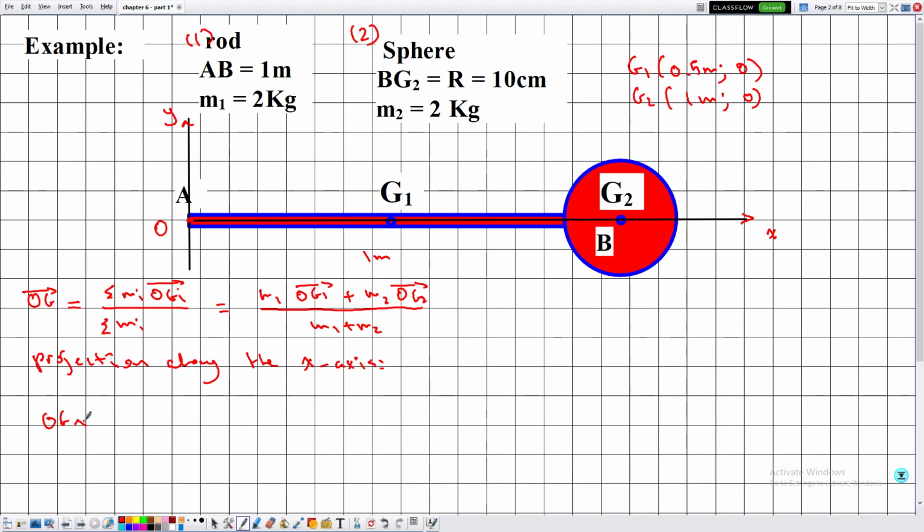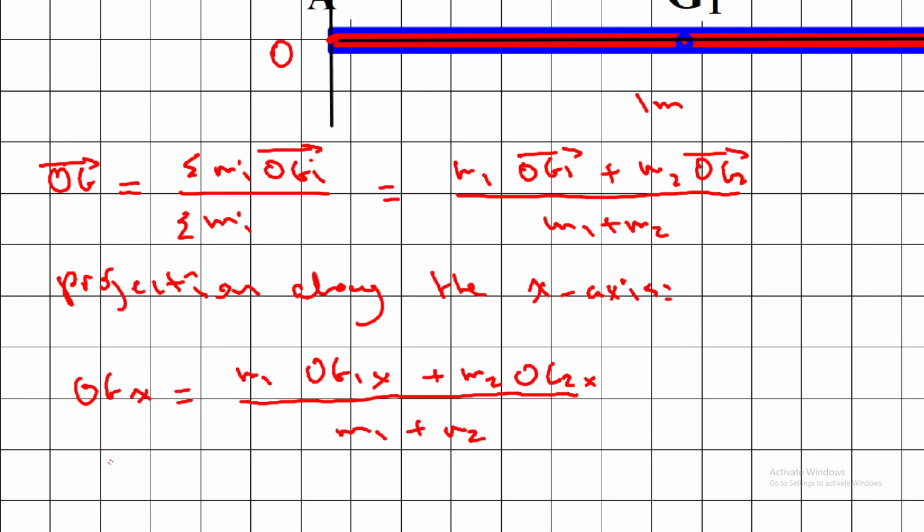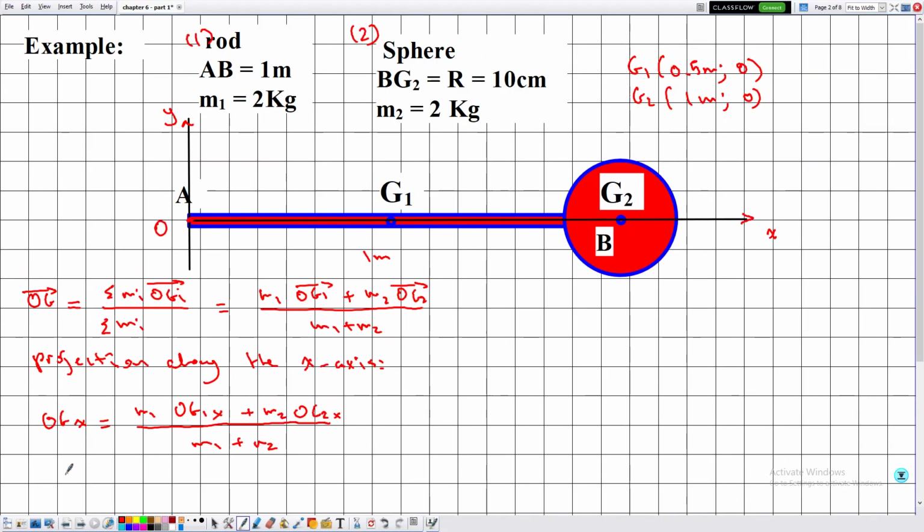So OGx is equal to M1 OG1x plus M2 OG2x divided by M1 plus M2. And since this is a vector having a point of application O, we can simply get rid of O, and OGx is written as the coordinate x of the point G, which is equal to M1 x1 plus M2 x2 divided by M1 plus M2.